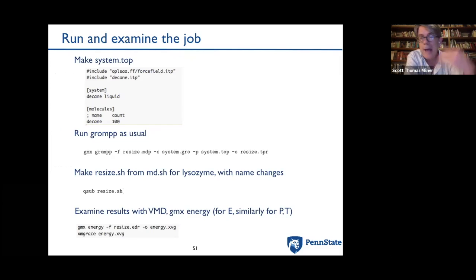And then, as always with these simulation runs, you do a pre-processing with grompp that builds a topology run file, and then you run the job, which here you actually submit. This one takes quite a few minutes to run, so you submit it with qsub and away you go. And that resize.sh is a very similar script to the previous job script that we looked at. So that's how we build this thing.